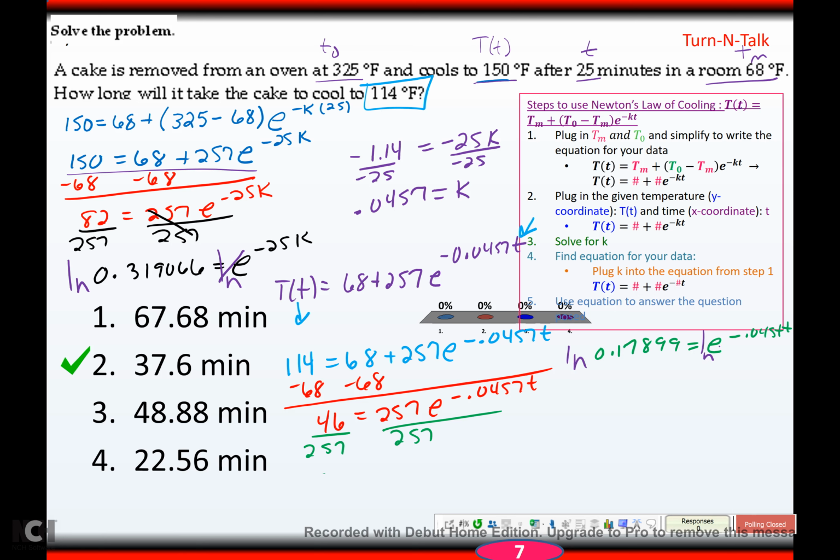The natural log of that is negative 1.72, and so on, equals, that cancels, negative 0.0457t. So to solve for t, divide by negative 0.0457, and the time is 37.646, which rounds to 37.6 minutes. Yeah?